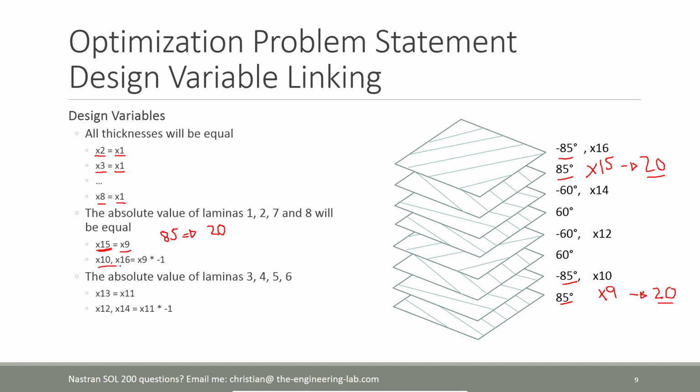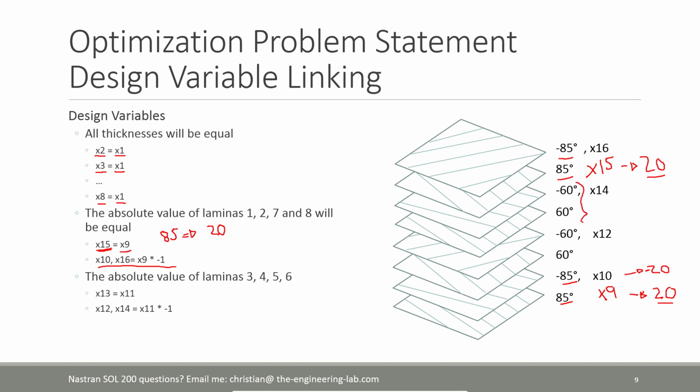And then we also have a second expression here that says X10 will be the value of X9 multiplied by -1. So here, if X9 is 20, then X10 will be 20 times -1, so that would be -20 degrees. So here what we are saying is, for the 85 degree plies, we want to have the same magnitude, but have different signs.